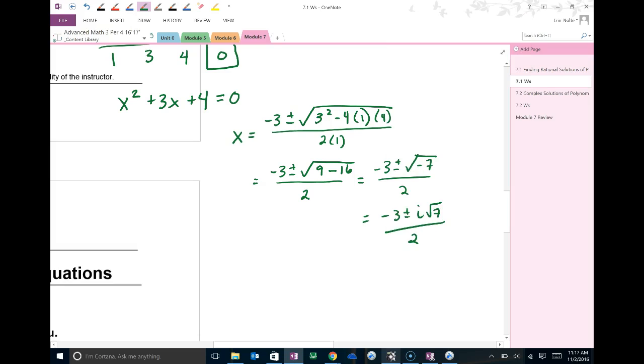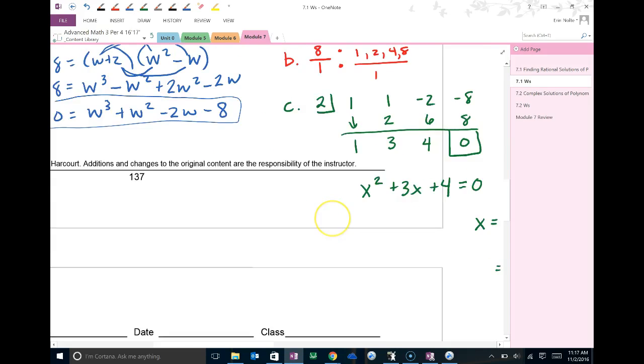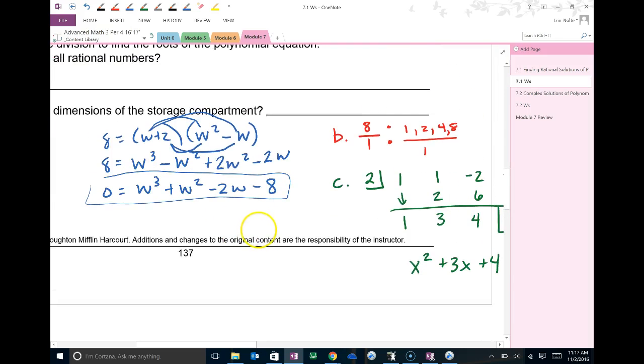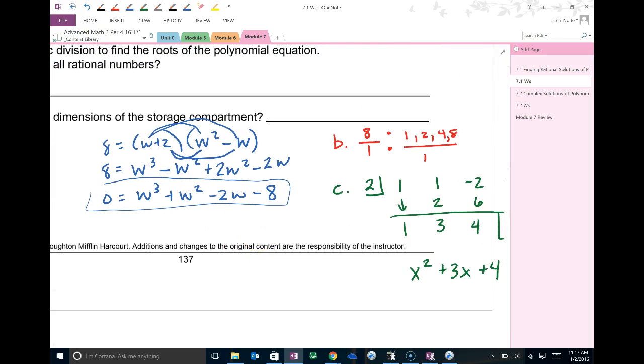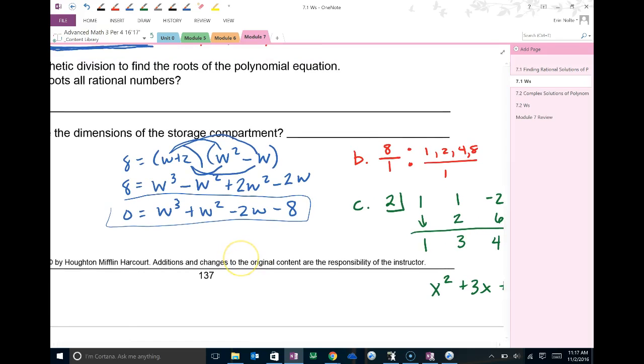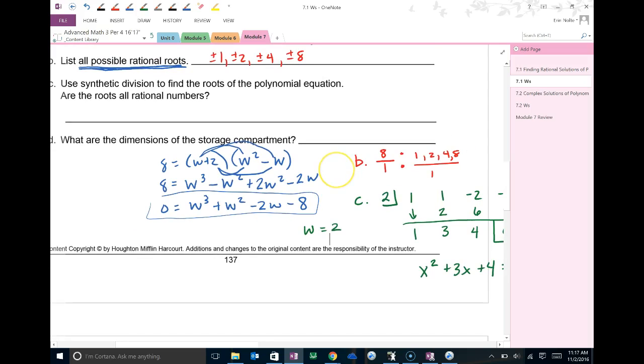Since we are talking about non-imaginary scenarios and we're building a box, what is our width going to be? We're going to use 2. We're going to use a real length. We're not going to get out a ruler and measure out an imaginary length. Even if we are NASA, we still need real numbers.